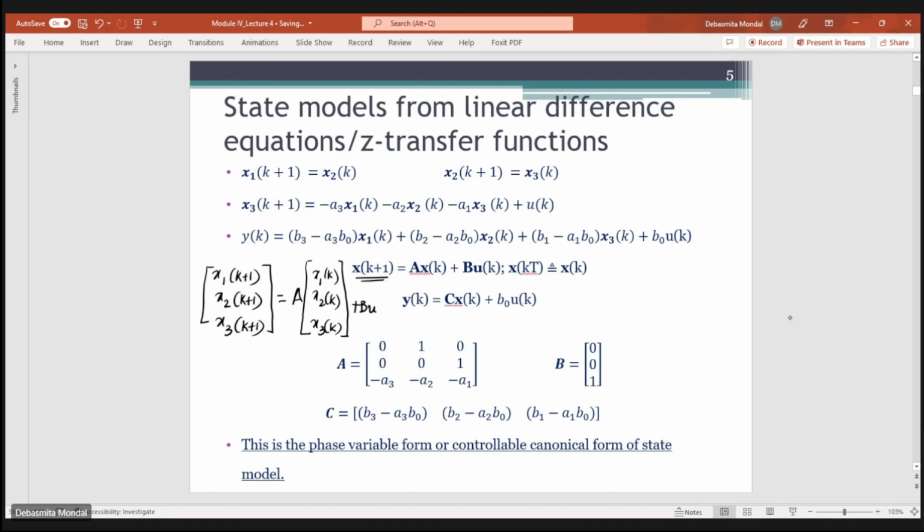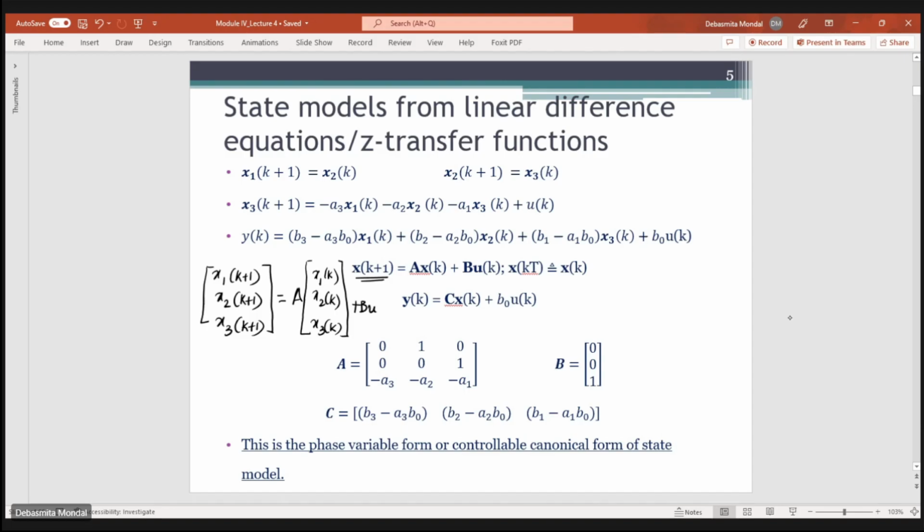Okay, so from these equations, x1 of k plus 1 is only equal to x2, so only the second term will be 1. Similarly for x2, only the third term corresponding to x3 is there, so this term will be 1. And for x3, you have minus a3 into x1, minus a2 into x2, minus a1 into x3, plus a contribution from the input, so the third element of B is equal to 1.